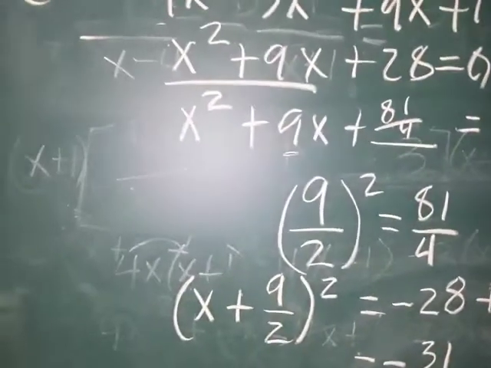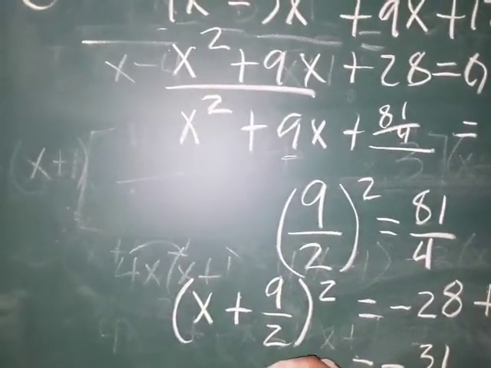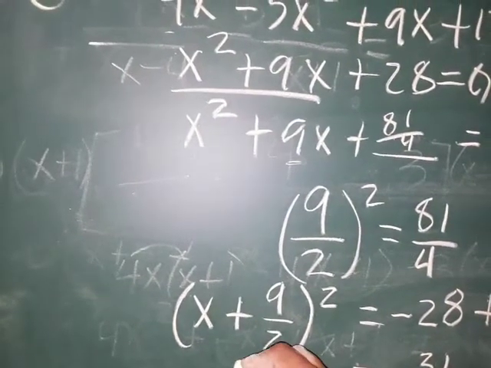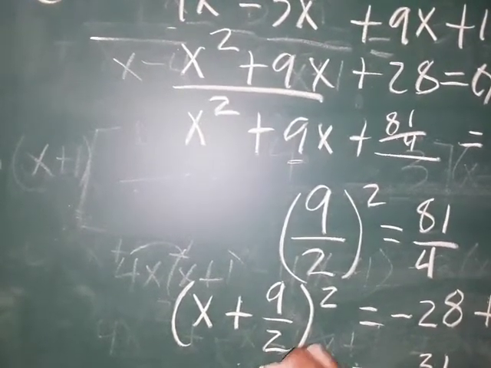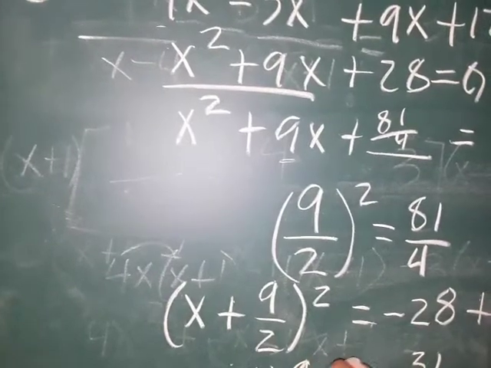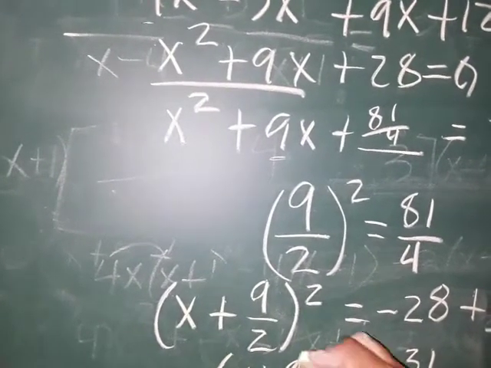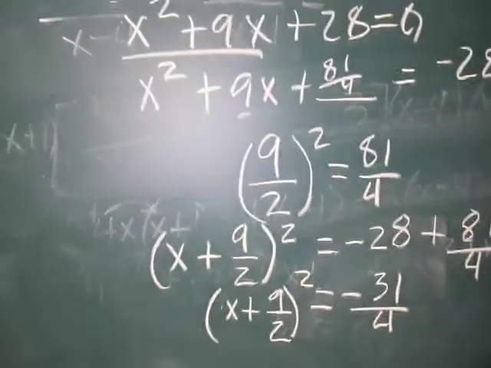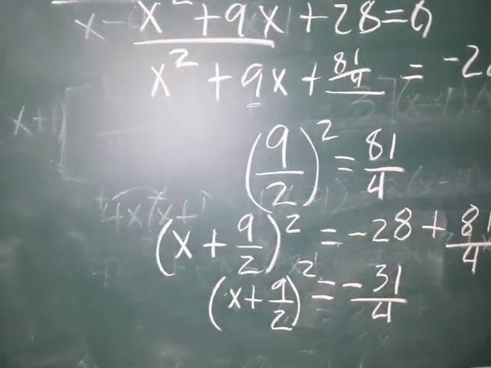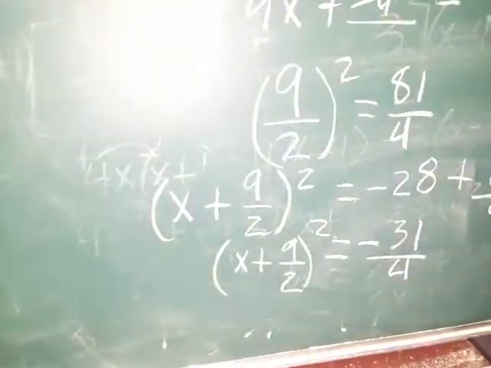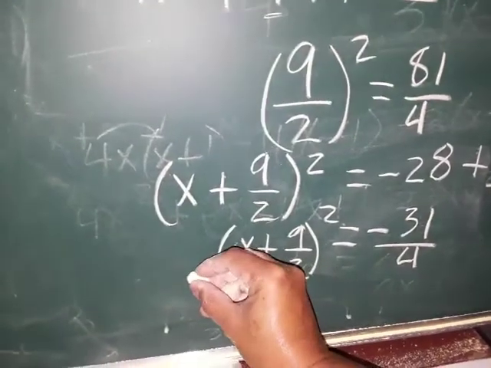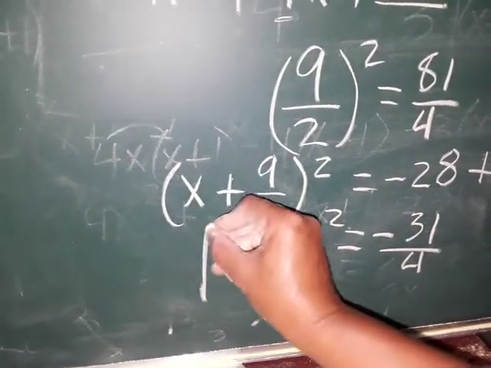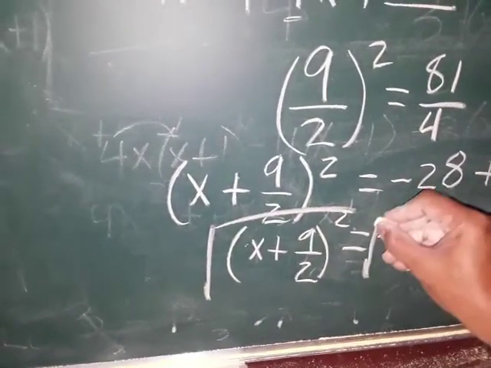And then this one, we have x plus 9/2 square. Okay? Ano ang susunod? Okay, so lagyan natin ng radical, square both sides.